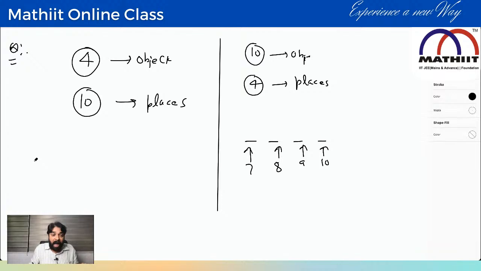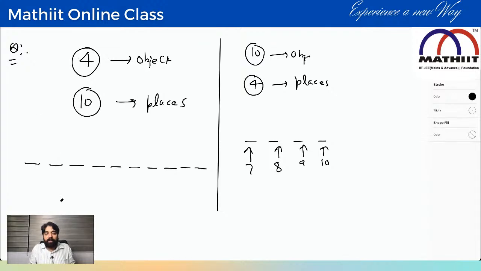Now come to here. I'm having 10 places: 1, 2, 3, 4, 5, 6, 7, 8, 9, 10. Now 4 objects, and the places are more, so we don't have to fill all the places, because we cannot. I will tell the first object, please go and take your chair.